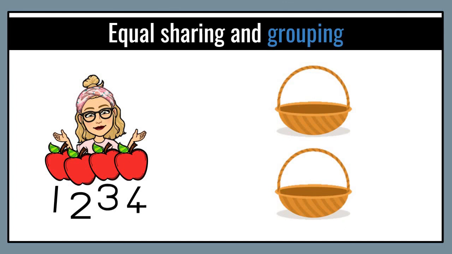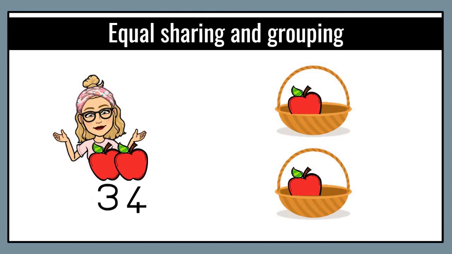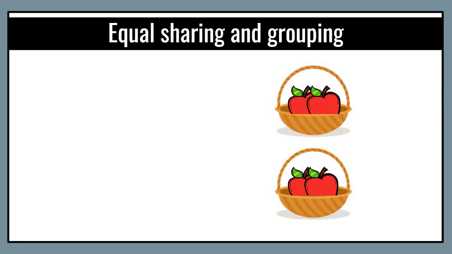Let's try. 1 for this basket, 1 for this basket, 1 for this basket, 1 for this basket. How many baskets with 2 apples are there? Yes, 2. Well done. Is there any apples left? No. Thank you so much for helping me.